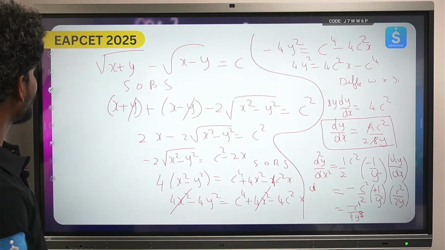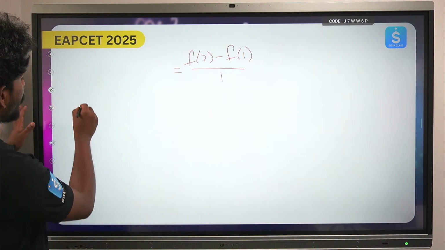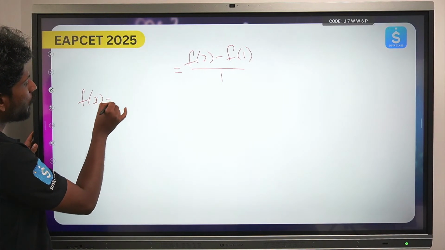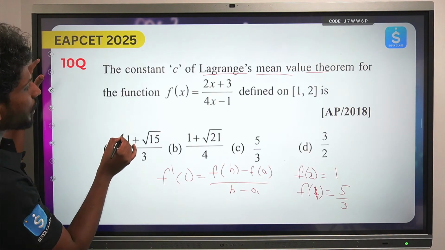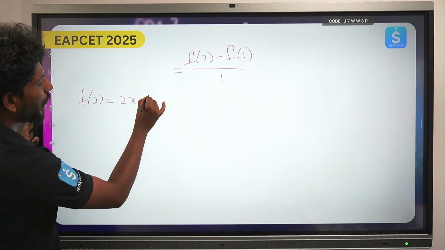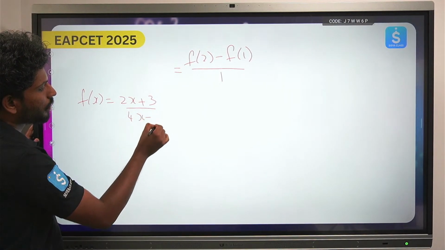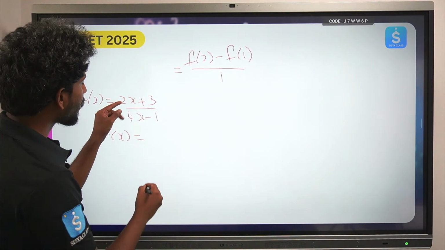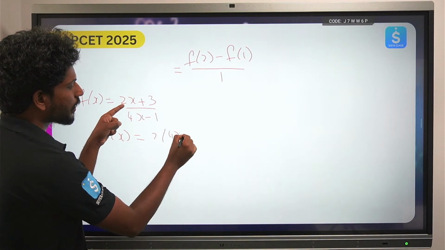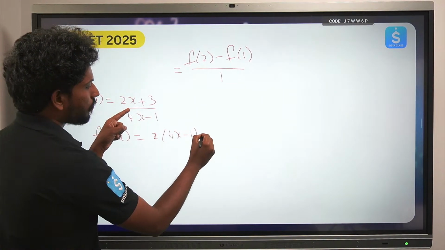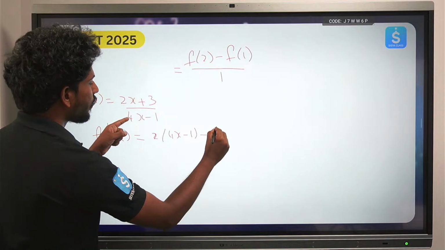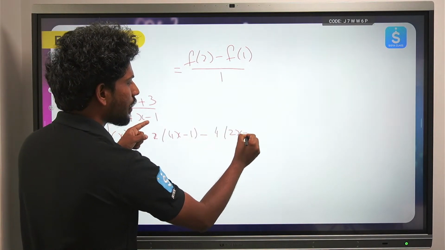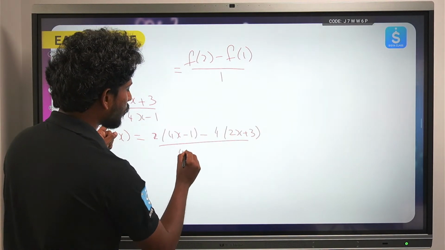We'll take this function f of x equals 2x plus 3 by 4x minus 1. Differentiate this. So what happens: u dash, that will be 2 times 4x minus 1, minus v dash, that will be 4 times 2x plus 3, by 4x minus 1 whole square.